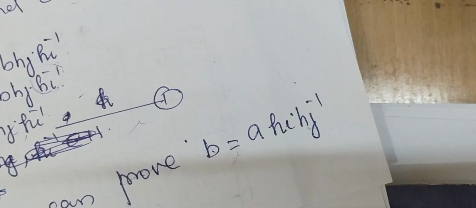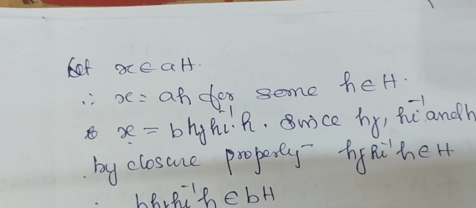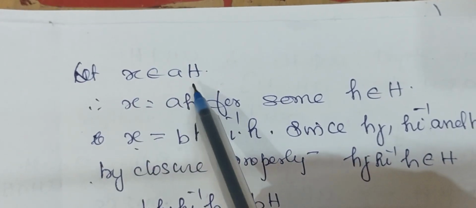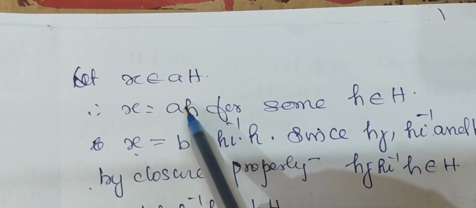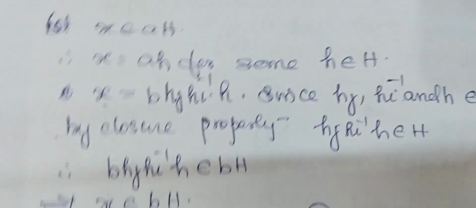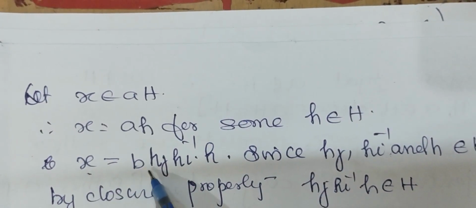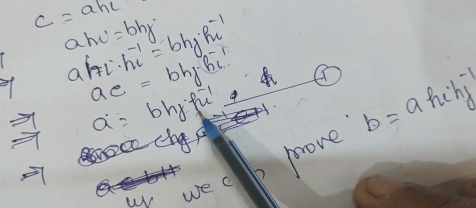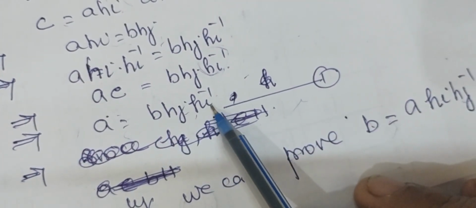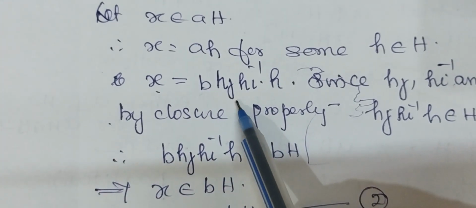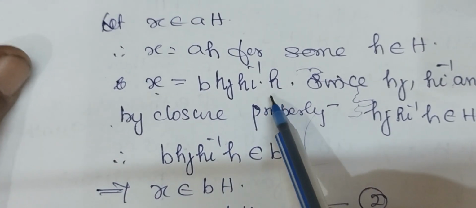So now you take an element x from aH. Once again the same procedure. What is the aH form? An element of aH has the form x is equal to ah and some h belongs to H. So instead of a, we can put the value of a, that is bh_j h_i inverse, and substitute it. So x is equal to bh_j h_i inverse h.